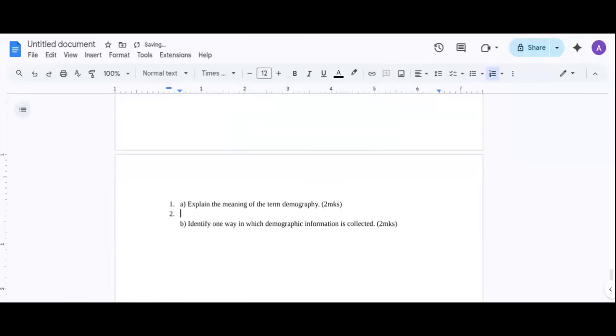Explain the meaning of the term demography. Anybody knows what is demography? Is that the scientific study of human population, like the structure, the births, deaths, mortality, and so on?